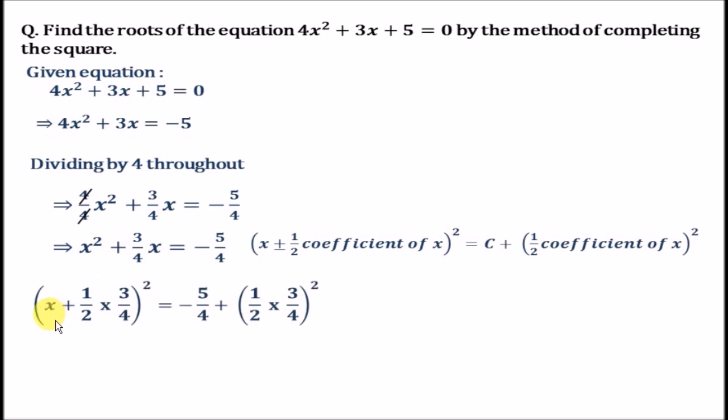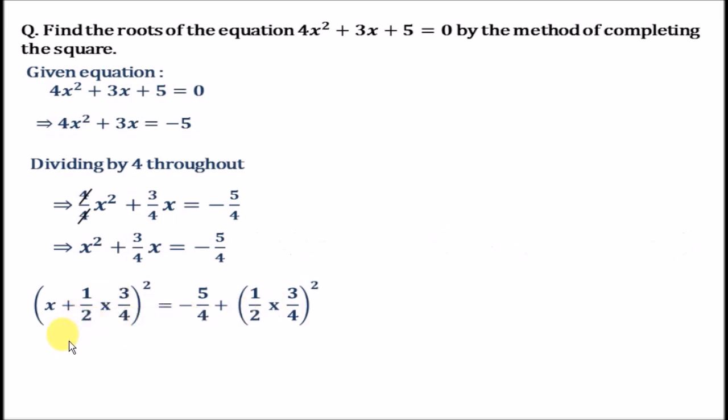So we will have x plus half into 3 by 4 whole square equals to minus 5 by 4 plus half into 3 by 4 whole square. 3 ones are 3, 2 fours are 8. So we will have x plus 3 by 8 whole square equals to minus 5 by 4 plus (3 by 8) whole square.